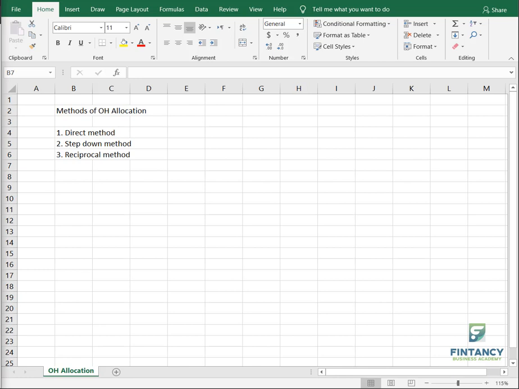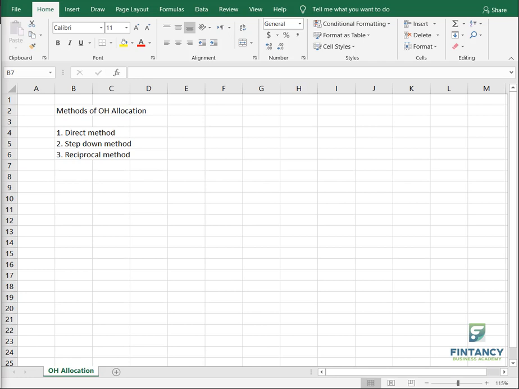So basically, the situation is that we need to not only charge the cost from the production department to the product, we also need to bring the cost of those other departments which are not directly involved in producing the product to the product cost, because they were involved, right?